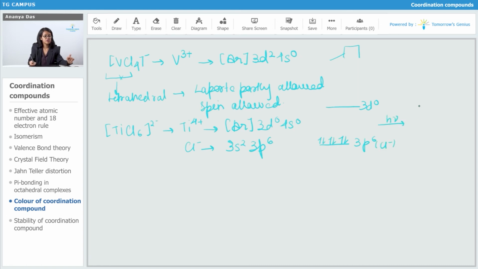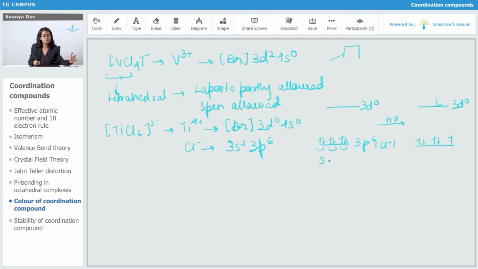After excitation, one of the electrons can go into the 3d0. So this is going to be Laporte allowed as well as spin allowed, because here you can see the spin is plus half minus half 0, cancel each other out, plus half minus half cancel each other out, plus half minus half cancel each other out.